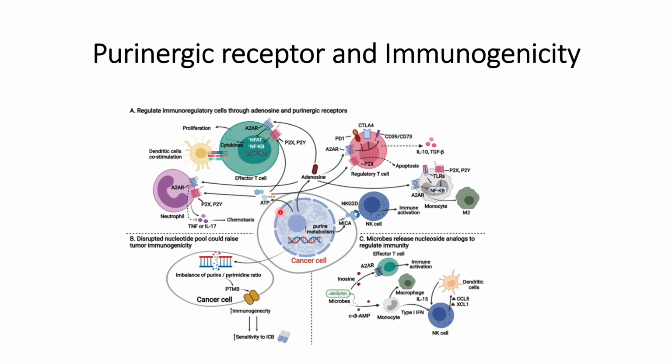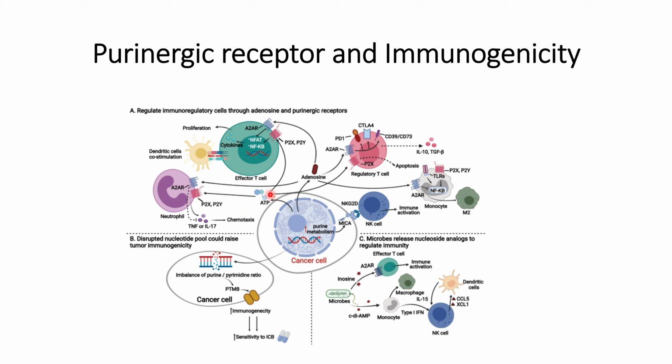This will lead to a condition where the surroundings of the cancerous cells will have a high amount of purines, that is, ATP or adenosine nucleotides.